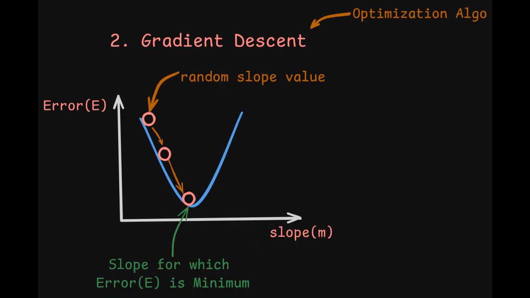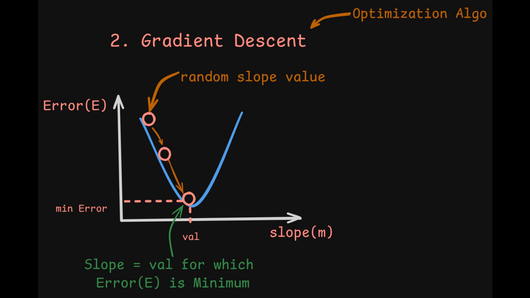As you can see from the drawing, the value of the slope for which the error is minimum is at the lowest point. Hence, we will consider that value in order to find the best fit line.